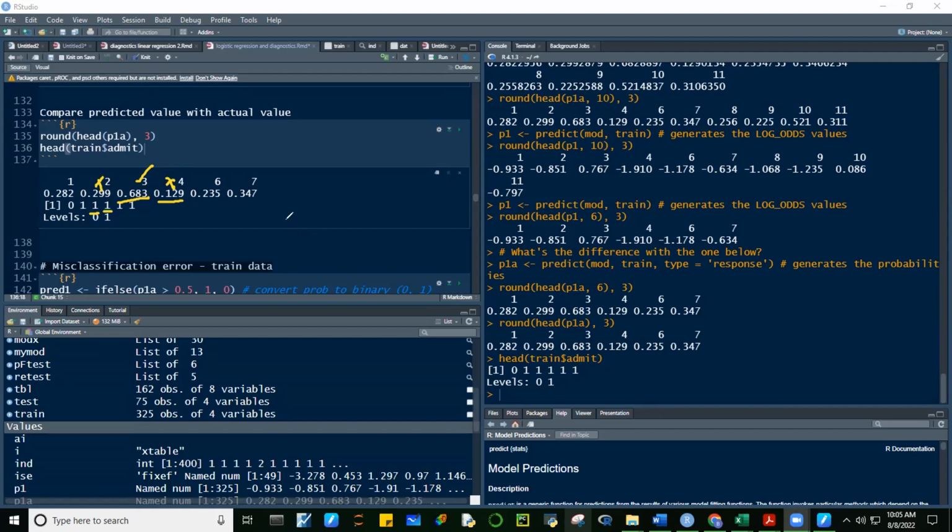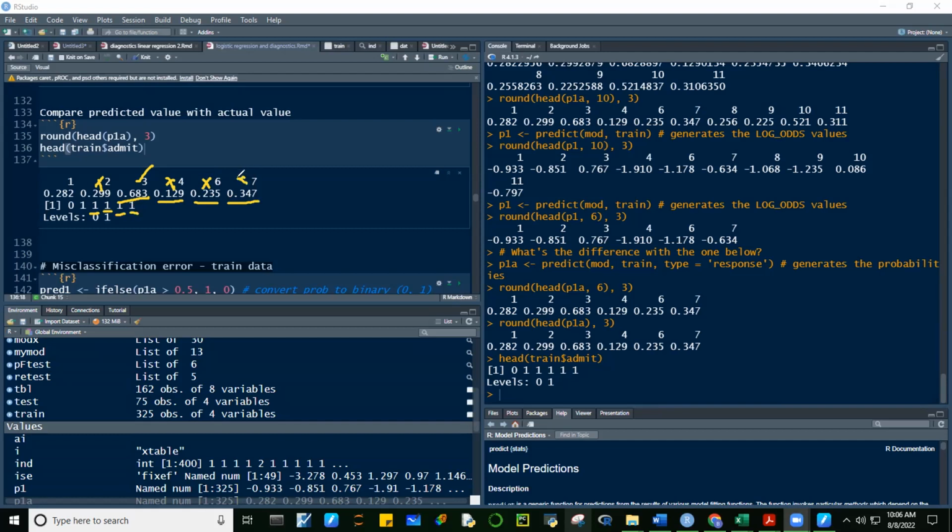I hope you're seeing, guys, what's happening here. Number 6, 0.235. He should not be accepted, but actually he was admitted, so our prediction is wrong. Number 7, 0.347, less than 0.5, so he should not be accepted, but he was accepted, 1. So wrong again.